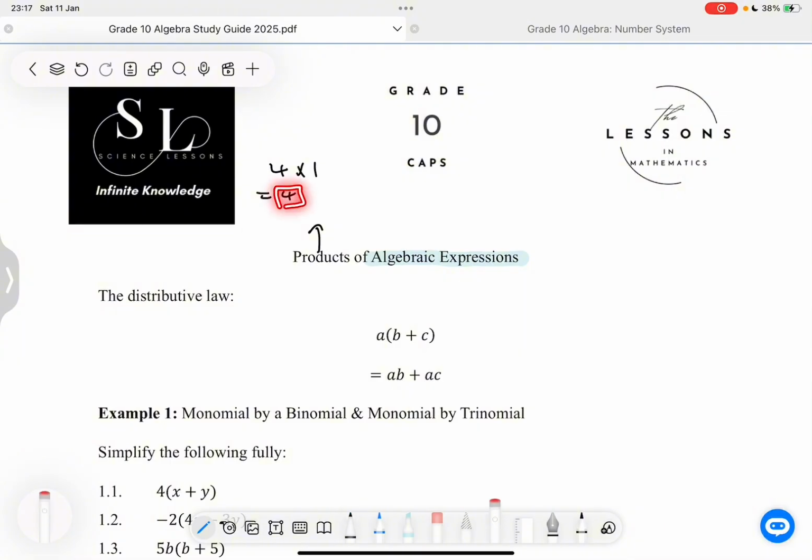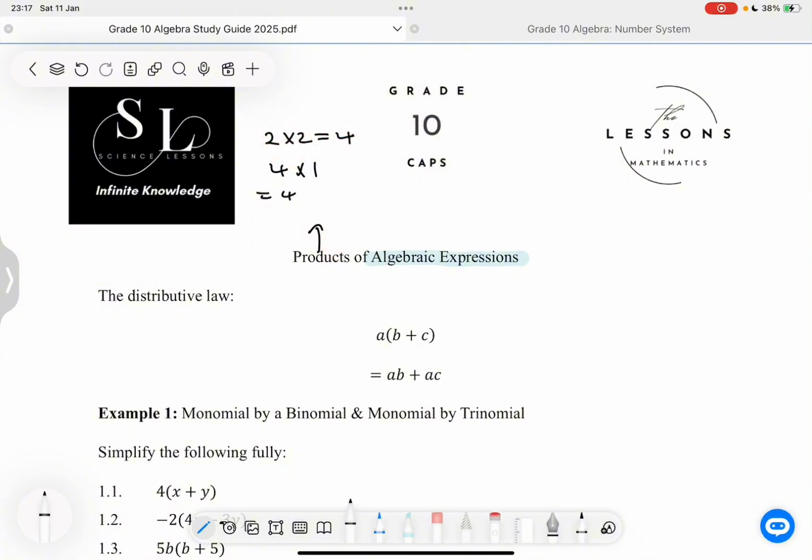This number here, 4, we call it a product because it was a result of multiplying numbers. If I multiply 2 and 2, I get a 4. The number 4 here is called a product because it was a result of multiplying two numbers.